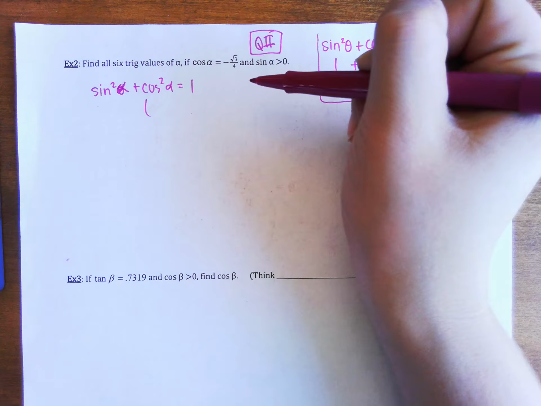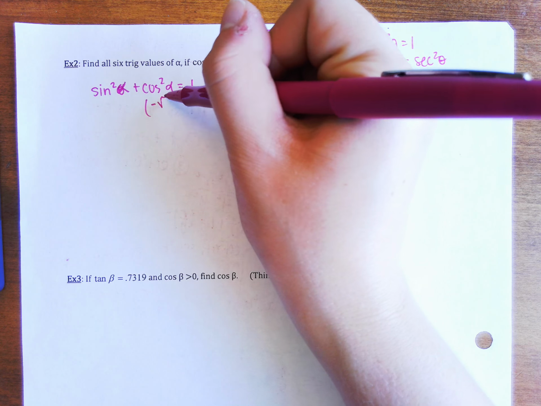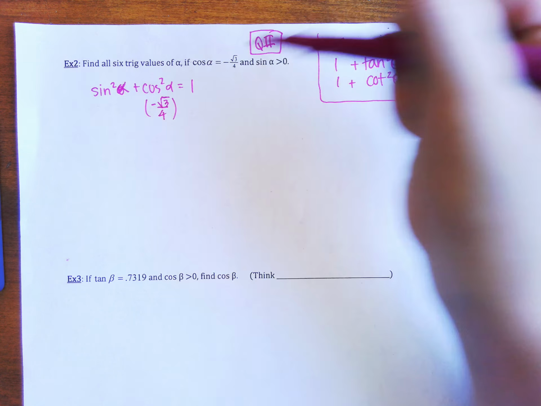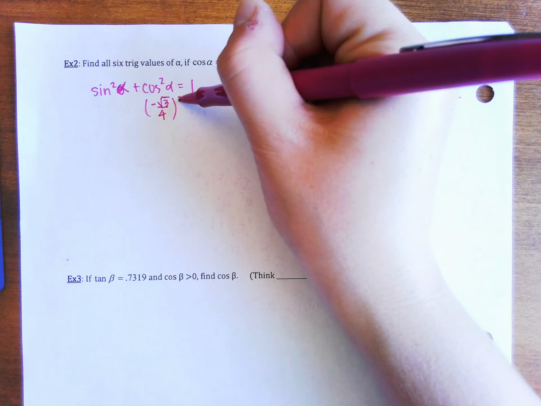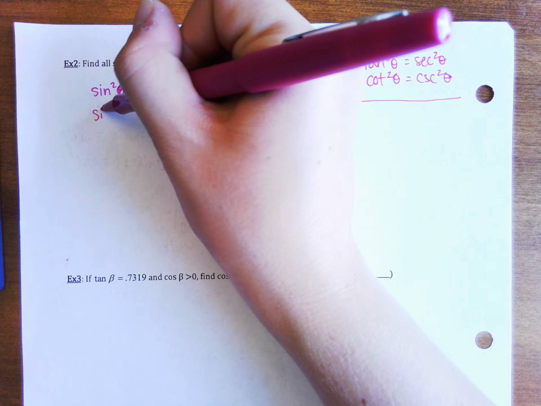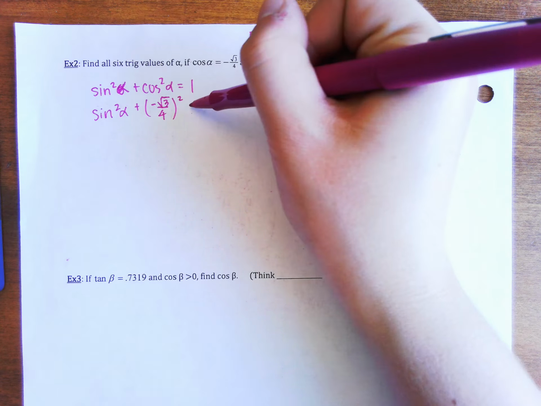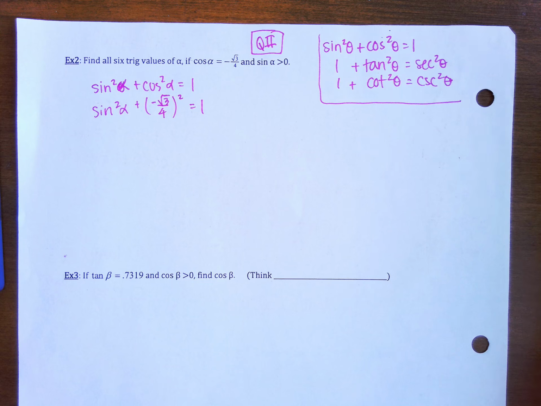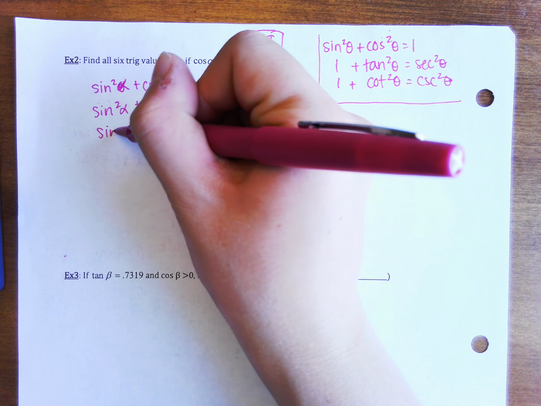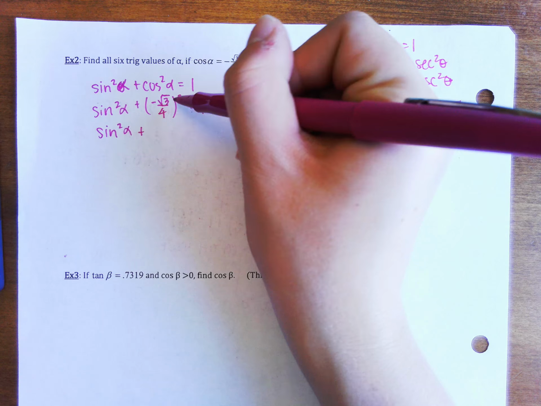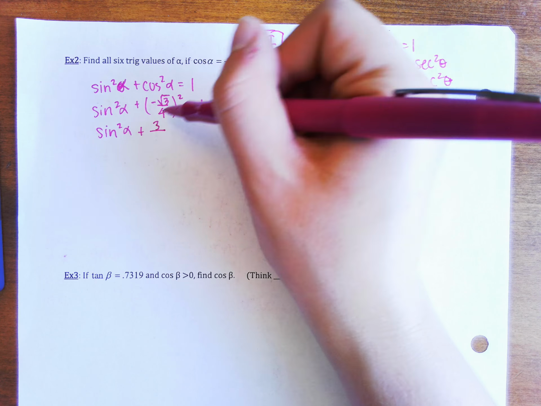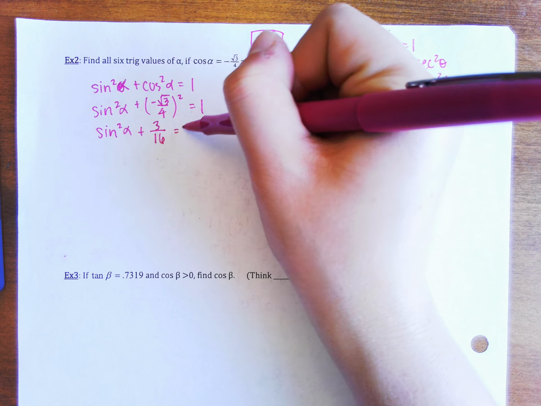And I'll make a substitution because I know cosine is negative root 3 over 4. I don't know what sine is, and that equals 1. And so now it's just like an equation I can solve. So if I square that, I square top and bottom. So negative root 3 squared is positive 3, and 4 squared is 16, equals 1.